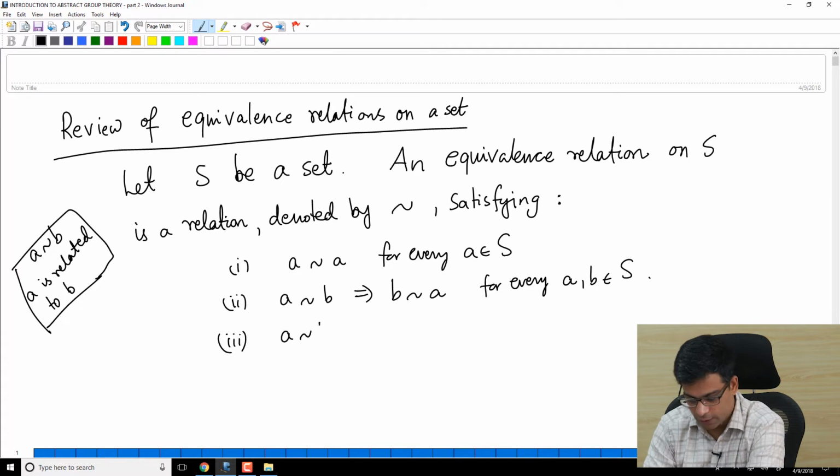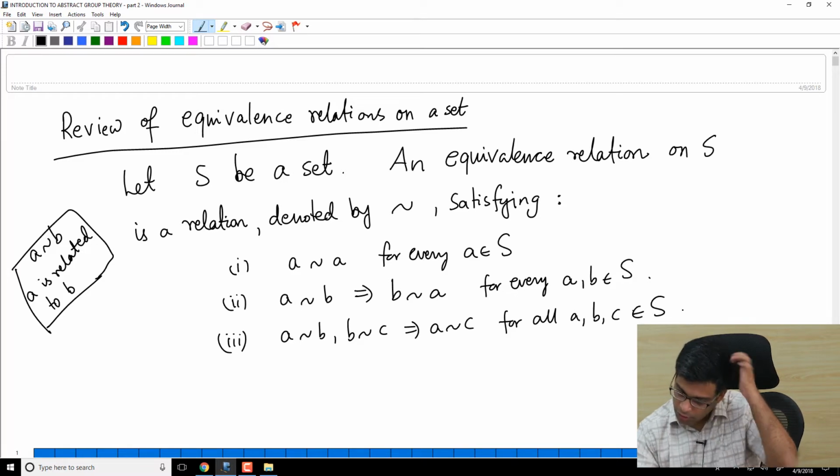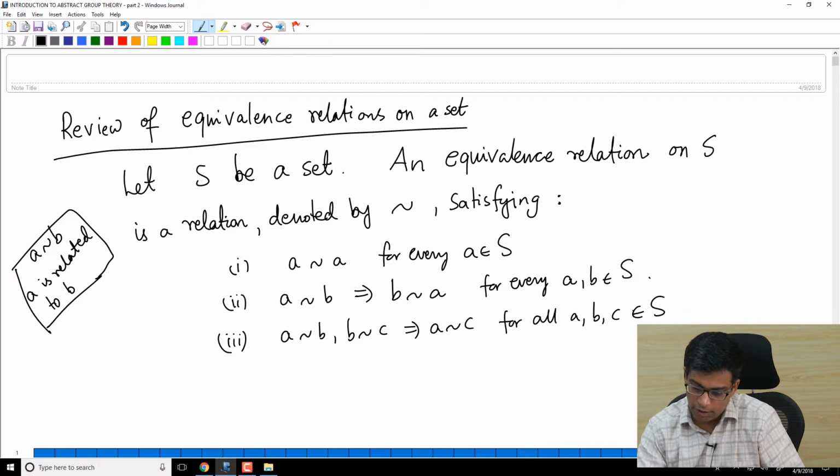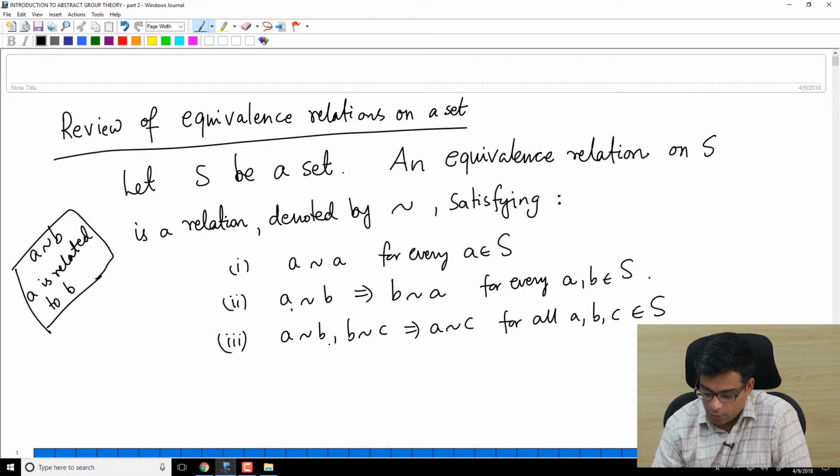If A is related to B, and B is related to C, then A is related to C. This is true for all A, B, C in S.